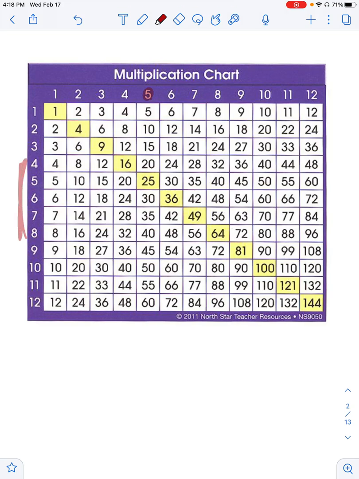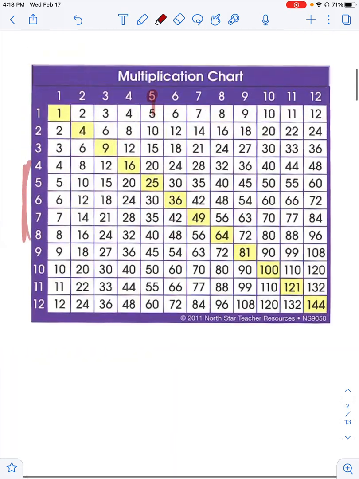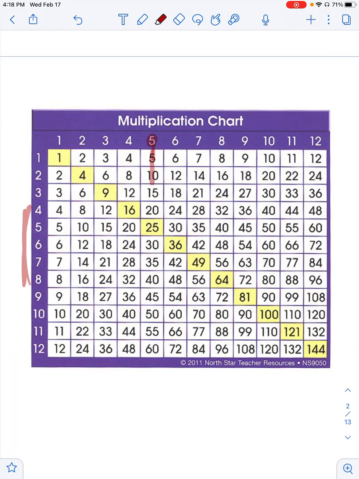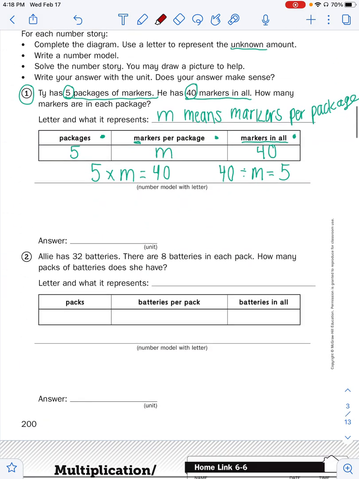So I'm just going to go down with this one until I get to, what number am I finding? 40. Once I find the number 40 on here, oh, look, I stopped. I'm at 40. Then I can just go across this way to find out what I multiply by. It's 8. That was kind of fun, wasn't it? So 8.